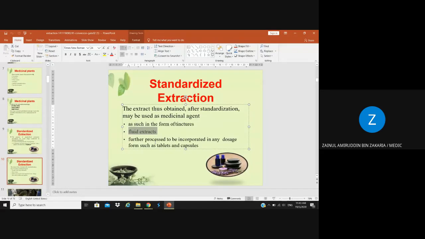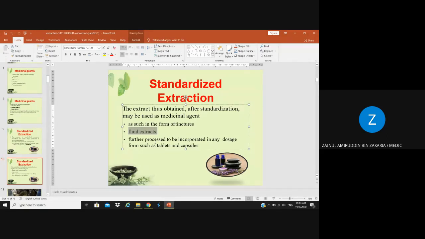So you put this in a freeze dryer machine. The freeze dryer machine will suck out the water in vapor form, because you know ice tends to release vapor when it melts. So what is left is the brownish color. Your crude extract will be left. The water will be sucked out into the machine and released from the machine.